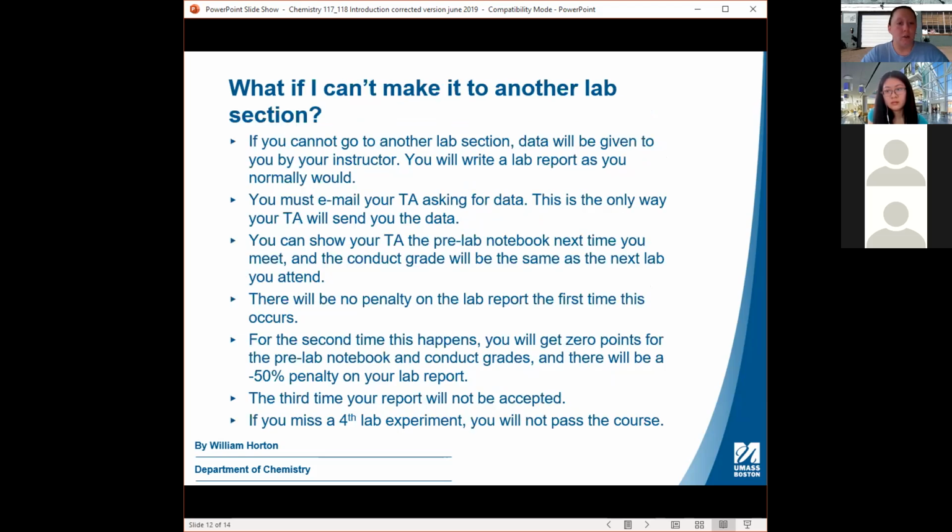Again, if you can't make it to another lab, we will give you the data for the lab so that you can write the lab report, but you will not get any of the lab conduct grade for that day.